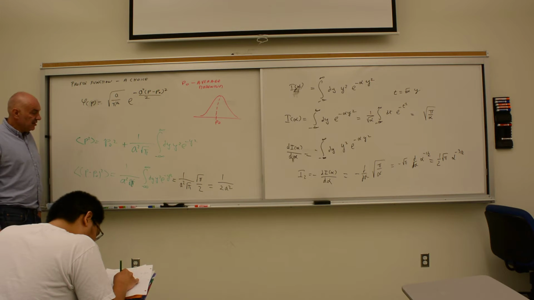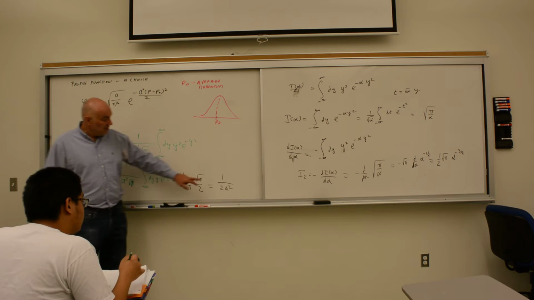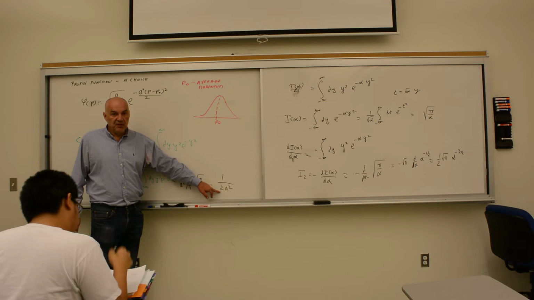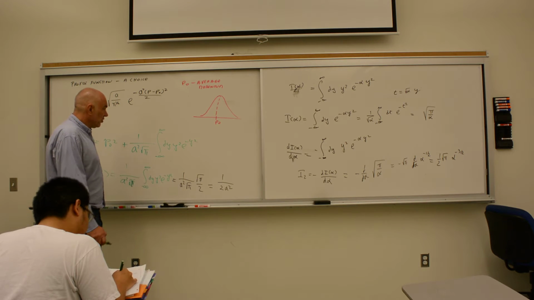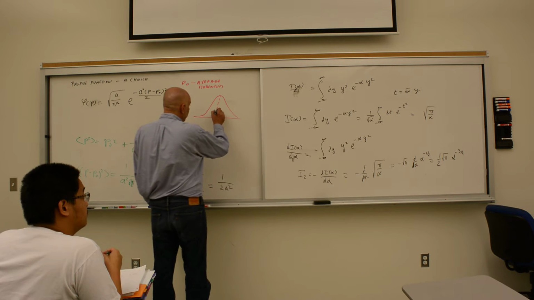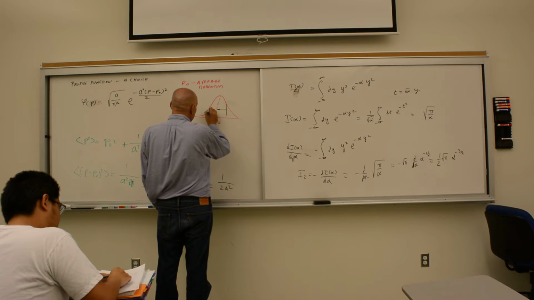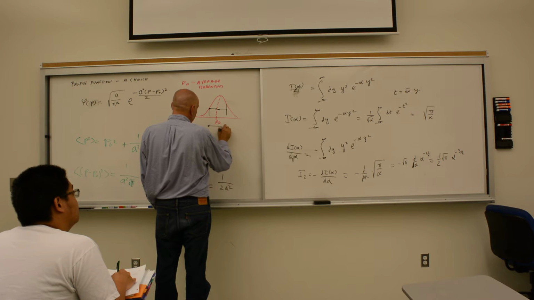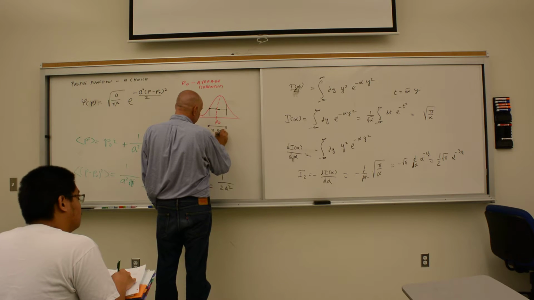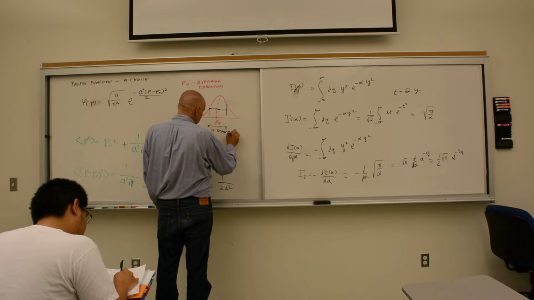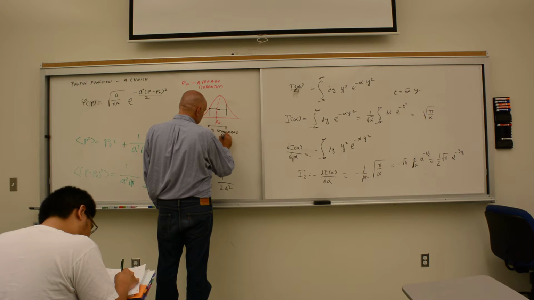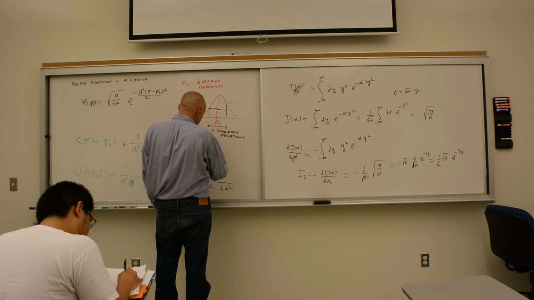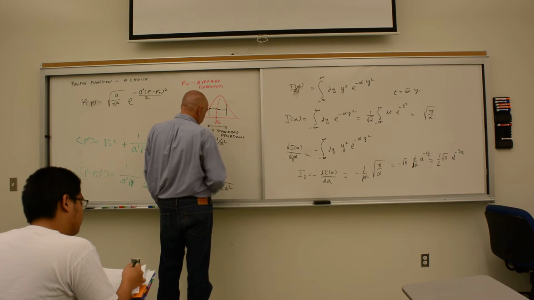So variance is 1 over 2a squared of this distribution. And so the standard deviation is simply 1 over a, right?